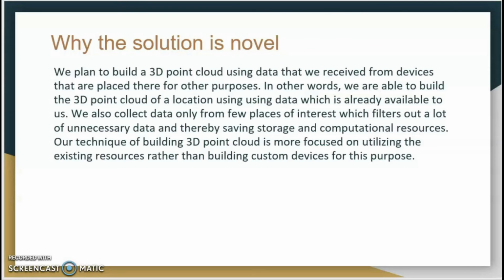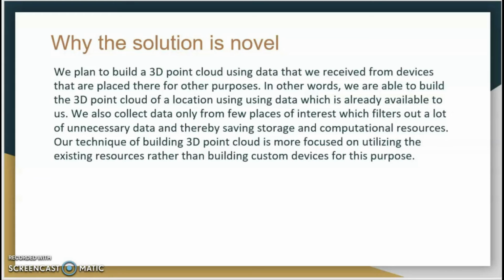Coming to why our solution is novel, we are building 3D models based on data that already exists, like even the Google images or the surveillance cameras that are actually in that location. And we don't actually do these 3D points for all locations.